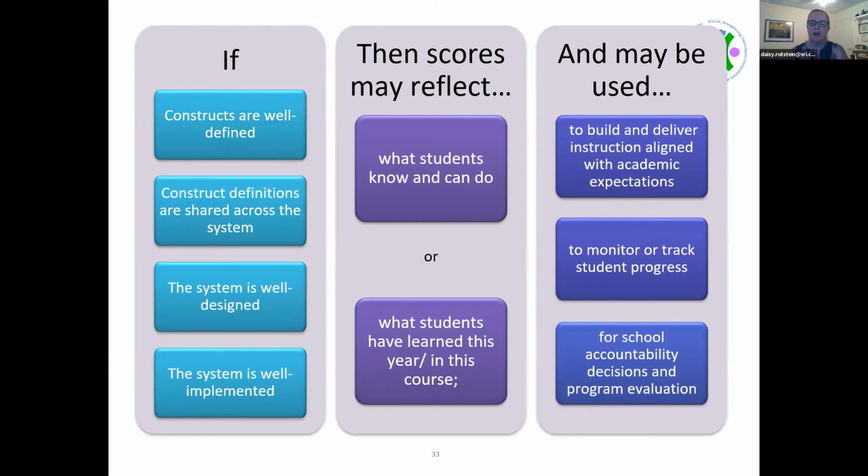And then once we're confident that the way that we're using the scores is really accurate and reflects what we want to know, then we know that we can use those to do things like modify or build on your instruction, track student progress, and make decisions about the curriculum. Next slide.